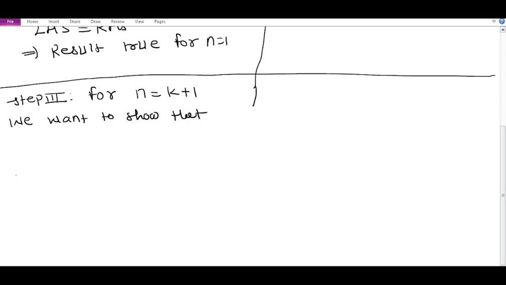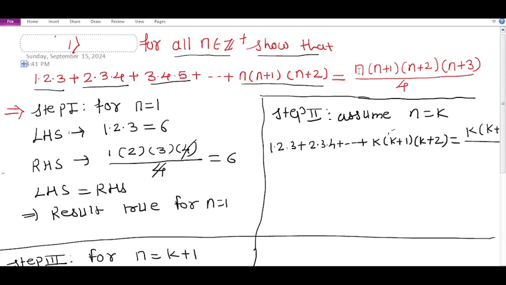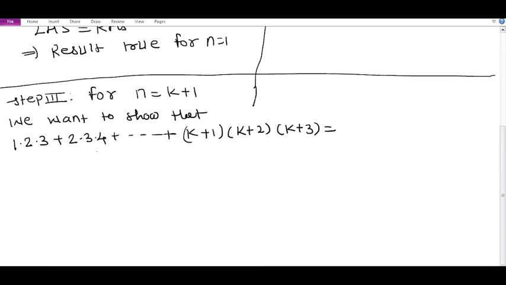So we want to show that 1 into 2 into 3 plus 2 into 3 into 4 plus ... plus k plus 1, k plus 2, k plus 3 is equal to k plus 1, k plus 2, k plus 3, k plus 4 divided by 4.